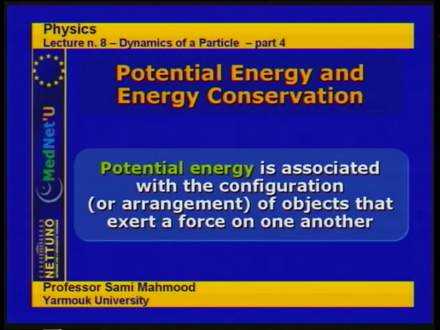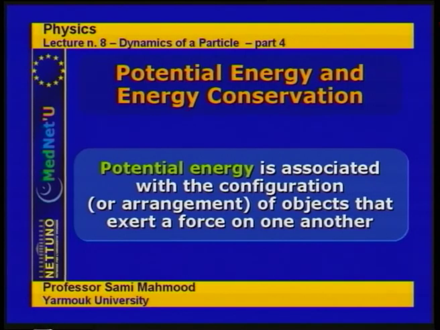Now we move to talk about the potential energy and its relation to work. The potential energy is a second form of energy which is intrinsic in a system, a collection of objects, and it is associated with the configuration or arrangement of the different objects in the system.